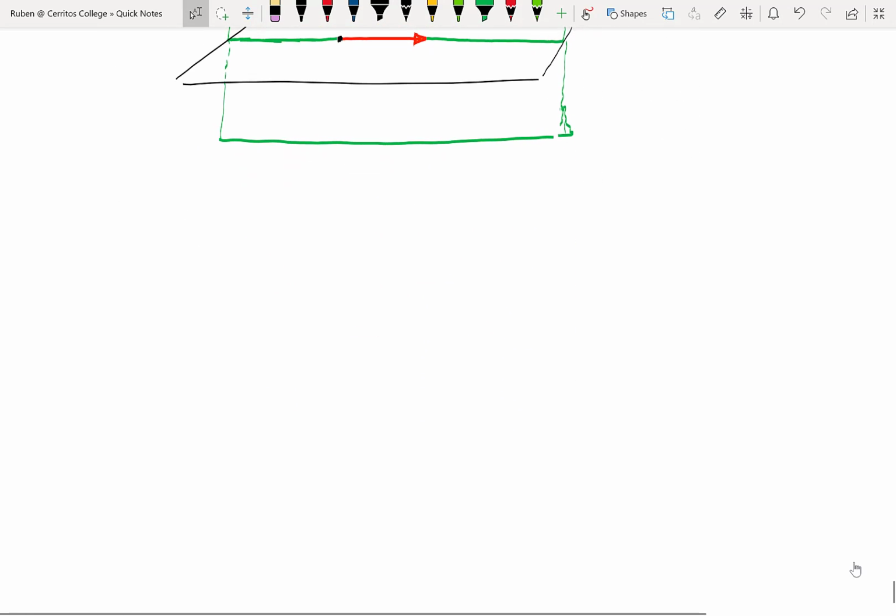Okay, so can I find the equation of a plane if I'm given a point in the plane and a normal vector, a vector perpendicular to the plane?